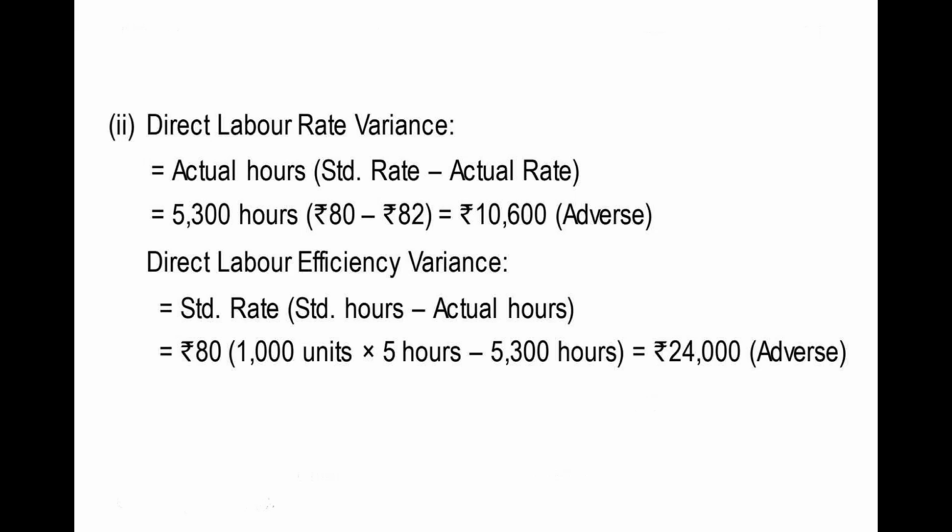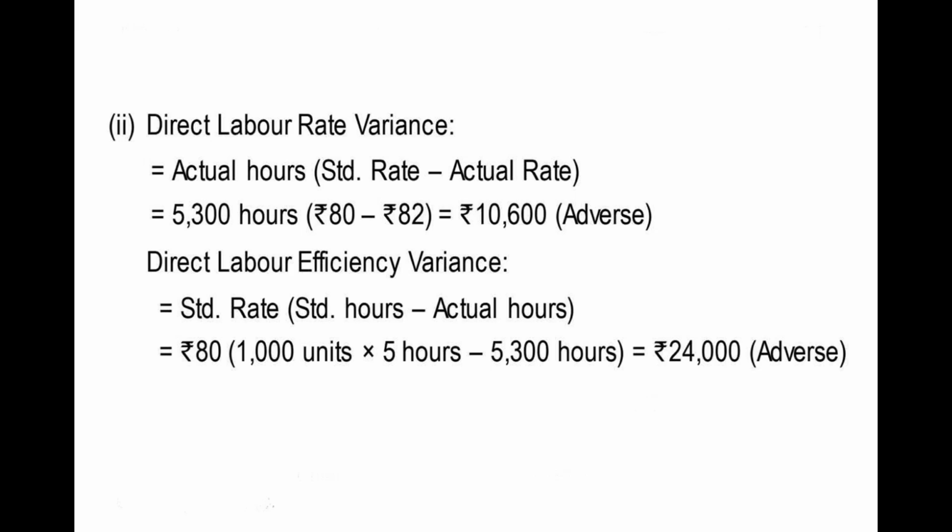So the actual rate is 82 but the standard rate is 80. That means here also 2 rupees is more than the standard. It is also adverse to the company. So that should be multiplied with the actual hours taken for completing this particular assignment. So how many hours are taken by the labor? 5,300 hours.